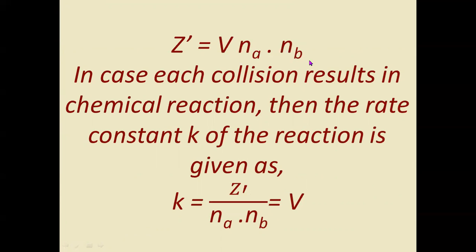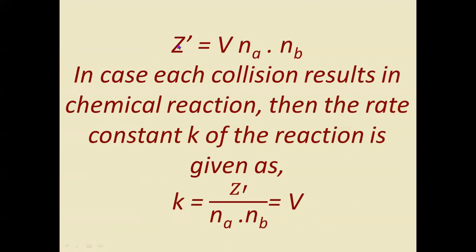In case each collision results in chemical reaction, then the rate constant of the reaction is given as follows. If we suppose that every collision results in the product, or it is a fruitful collision, then the rate constant K is given as Z dash by Na into Nb, which should be equal to V, because according to this equation Z and V are related like this.